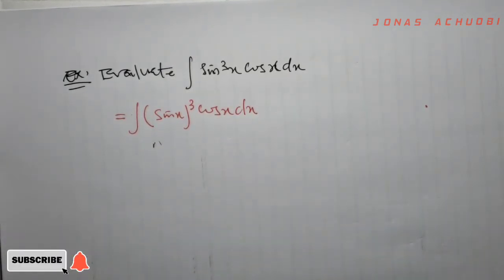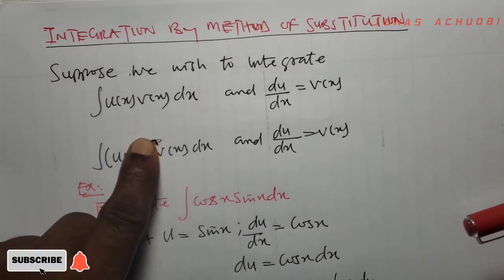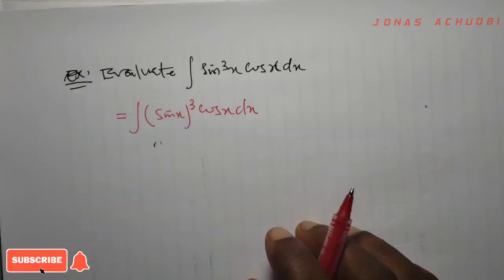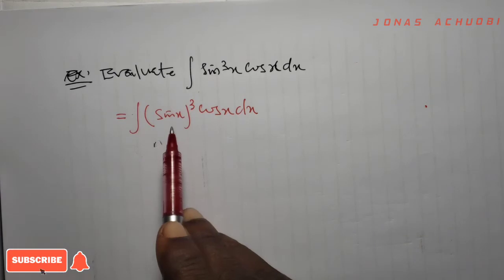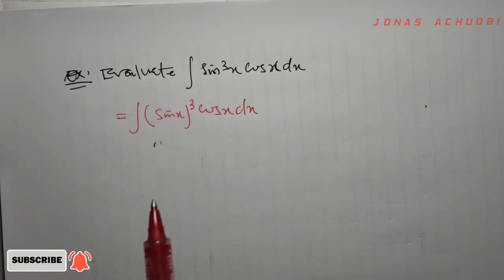So that if we do it this way, the integral is now in the form u(x) raised to the power n times v(x) dx. So we observe that if we differentiate sin x, we get cos x. Once we have identified that, we can proceed with the method of u-substitution.